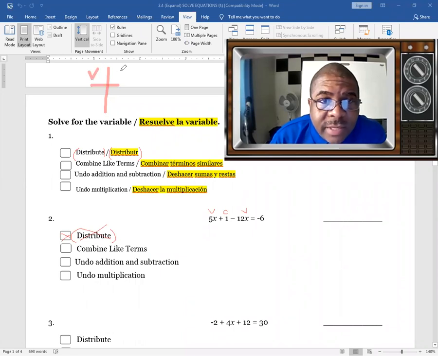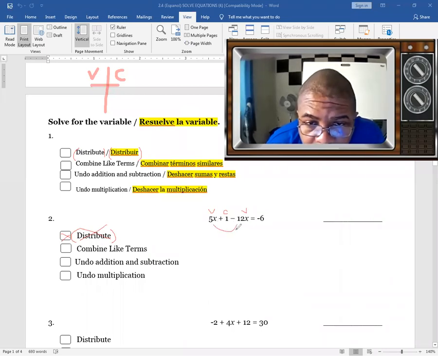We had the V family and we had the C family. The C family was the hashtag or the number sign. And the V family, a lot of times we use the letter X, because we're going to solve for X, right? So we have the variable family and the constant family. Good.